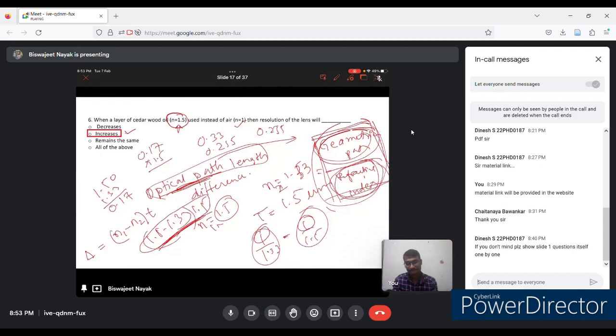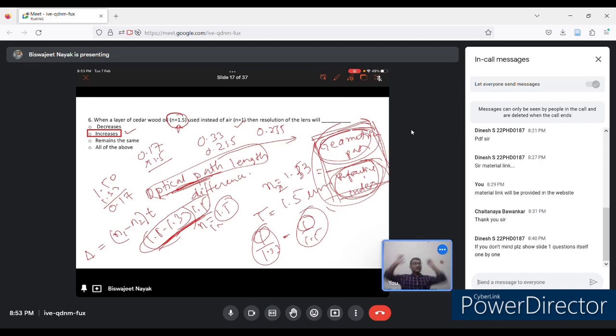They are taking a difference, but I am confused because N1 minus N2, if I take N1 as 1.33 and N2 as 1.5, I will get a different, negative value. So that confusion I got, so I will ask you in this question, sir.